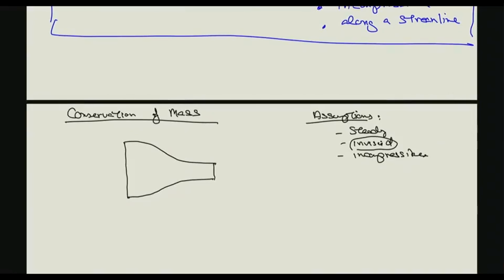So if you have flow through a nozzle like this, you have walls, okay? And if it's viscous, remember, you have the no-slip boundary condition. So, for example, at this location here, the fluid adjacent to the walls would stick to the walls, and if the nozzle was stationary, then the velocity would be 0.